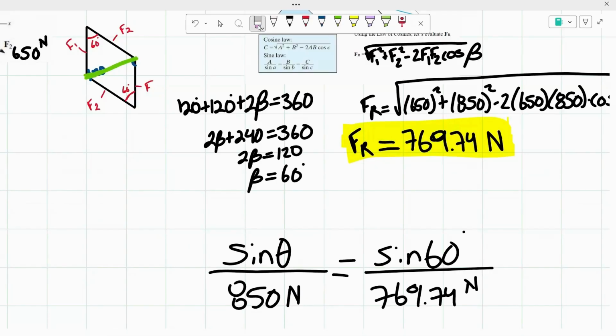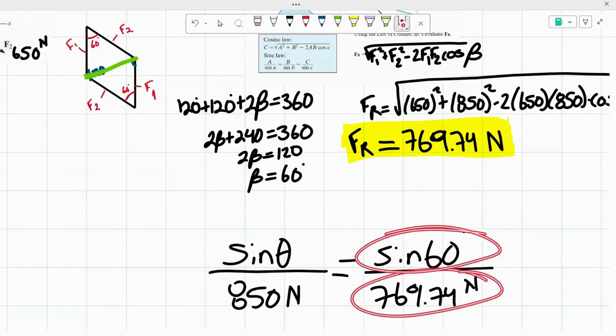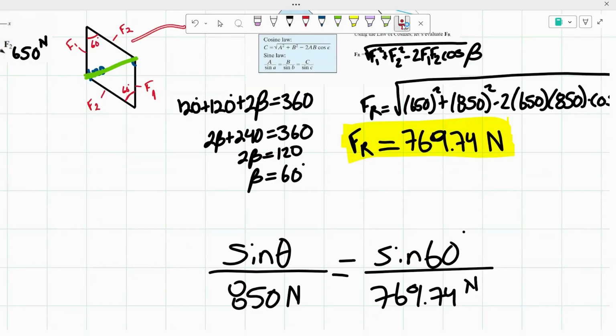Sorry, I don't know why, but I had this labeled as f of 1. Let me rephrase this. This is our resultant force, and we already know its angle. What we're trying to find is this angle right here, which is why we're using f of 1, since it's the opposite side of the angle that we're trying to find.